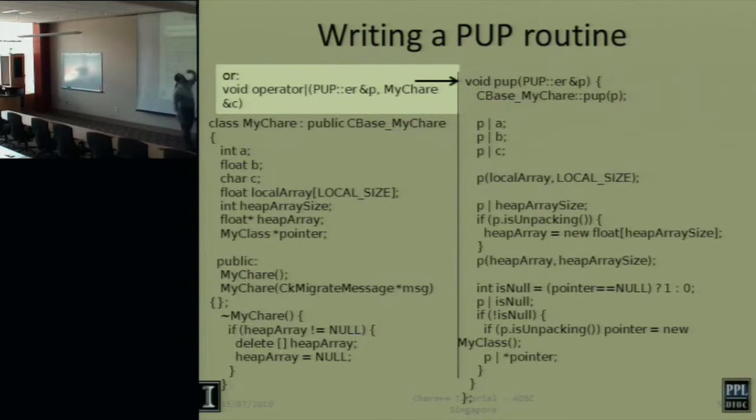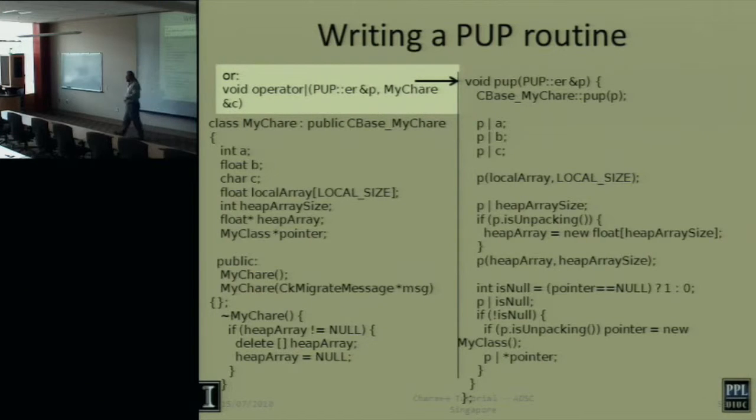First thing, you want to pup your parent so that you get the traits of inheriting from a chare. Then, for simple types, you can just do p pipe your variable, and pup will do the right thing.